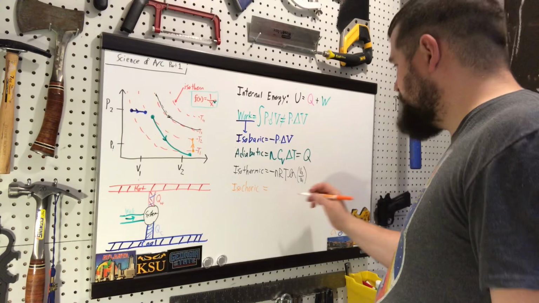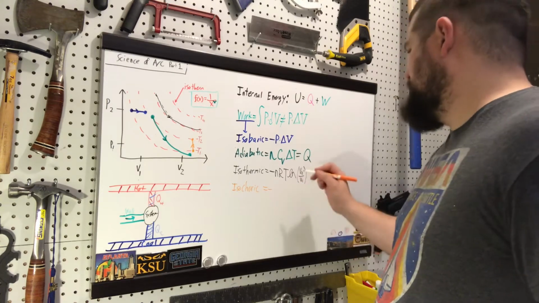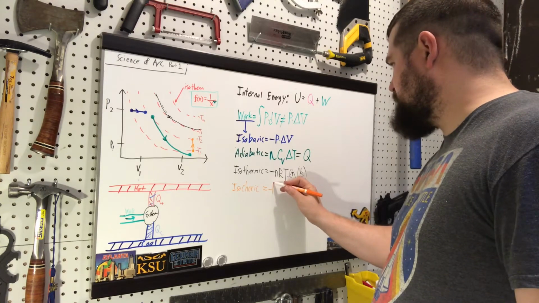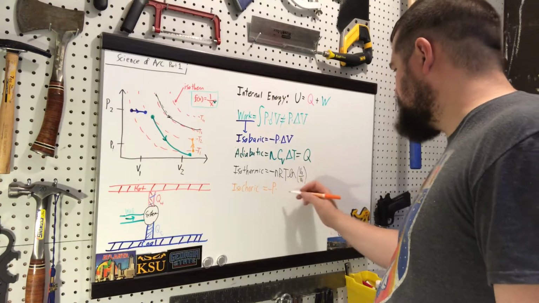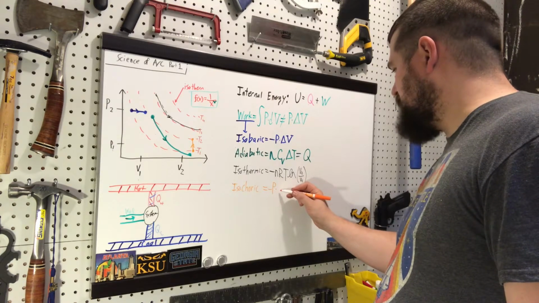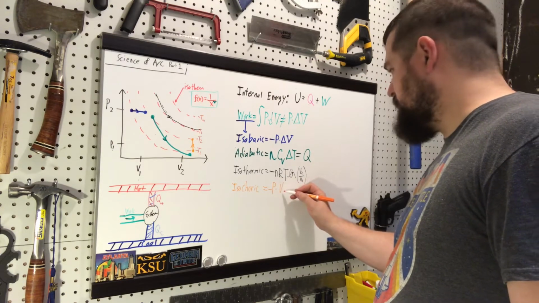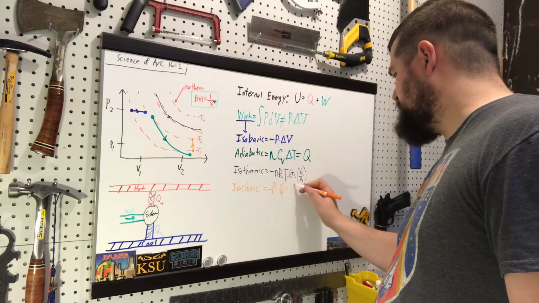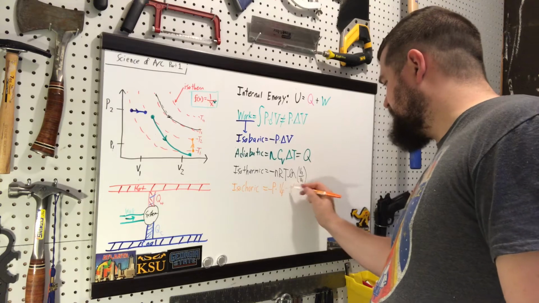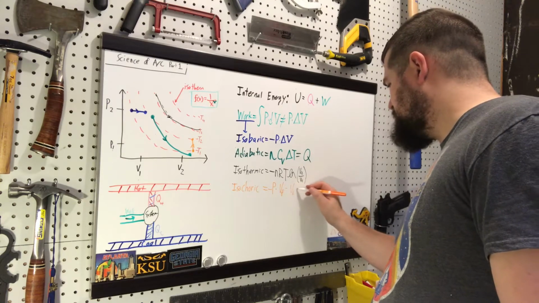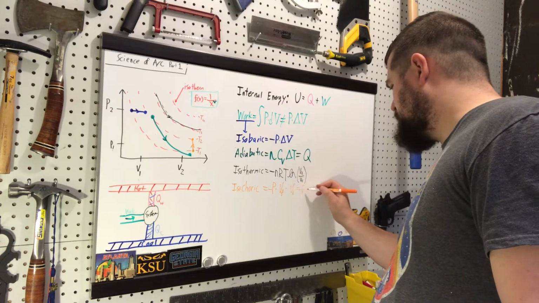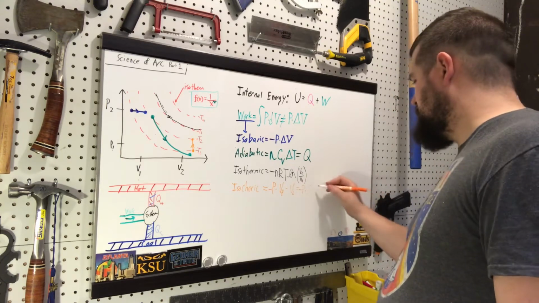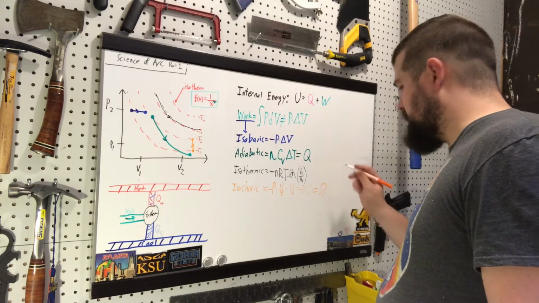So the volume, doesn't matter the pressure. Pressure could be 1 billion, minus pressure times the change in volume. Well, V final minus V initial is equal to negative pressure times 0. And that is equal to 0.